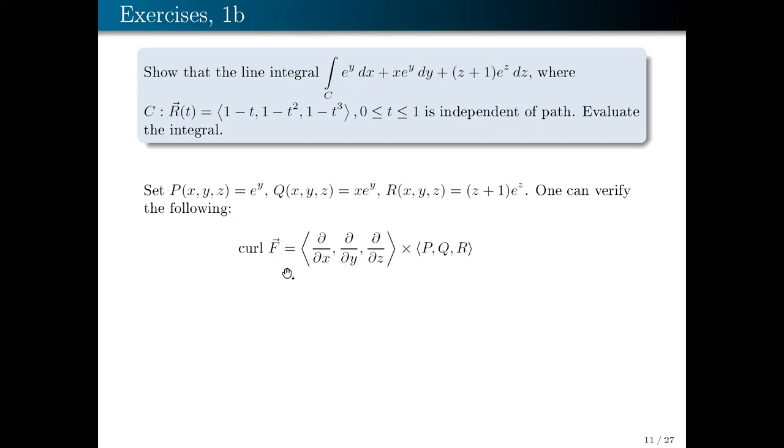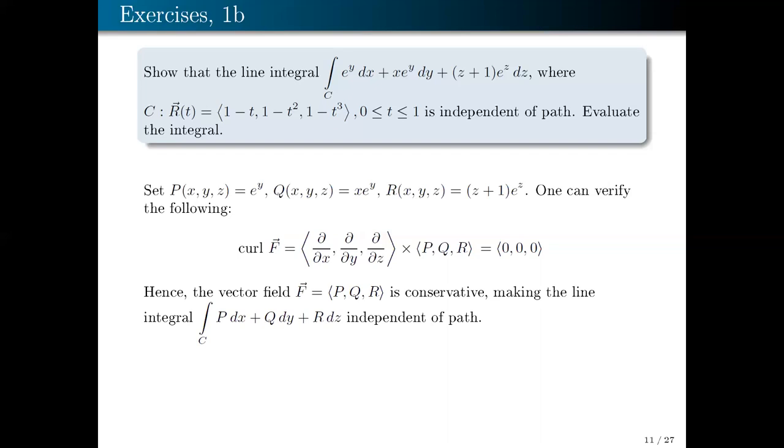I will be leaving it to the viewer to check that this here will be the 0 vector. And look now, curl F is the 0 vector, and that is another way of saying that your vector field is conservative. Another way of saying it will be the line integral corresponding to F dot dr will be independent of path.